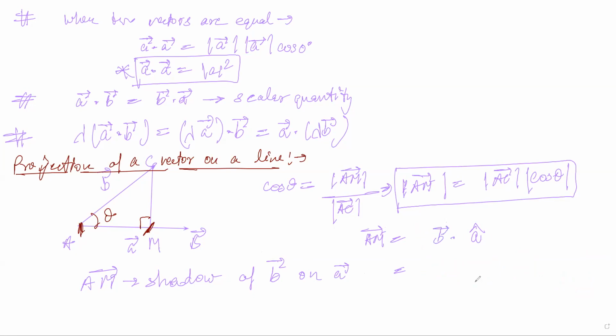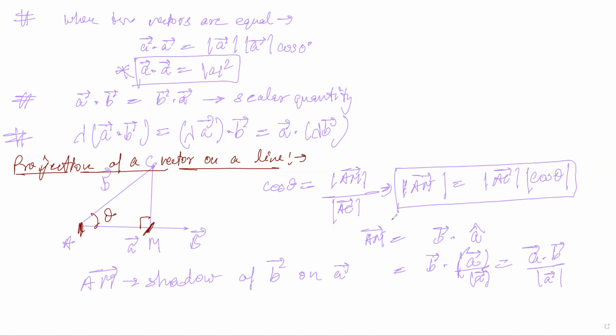It can also be written as B vector dot with A vector divided by mod A. Right? So it can also be written as A dot B divided by mod A. So projection is given as this.